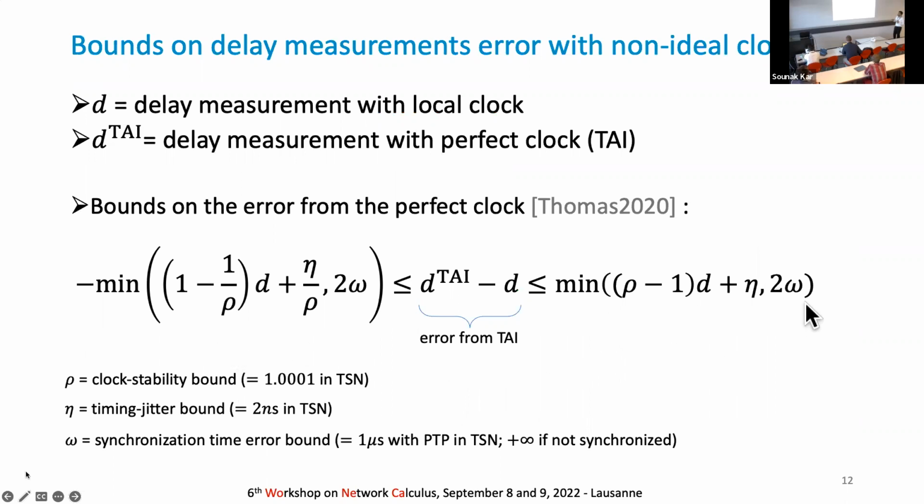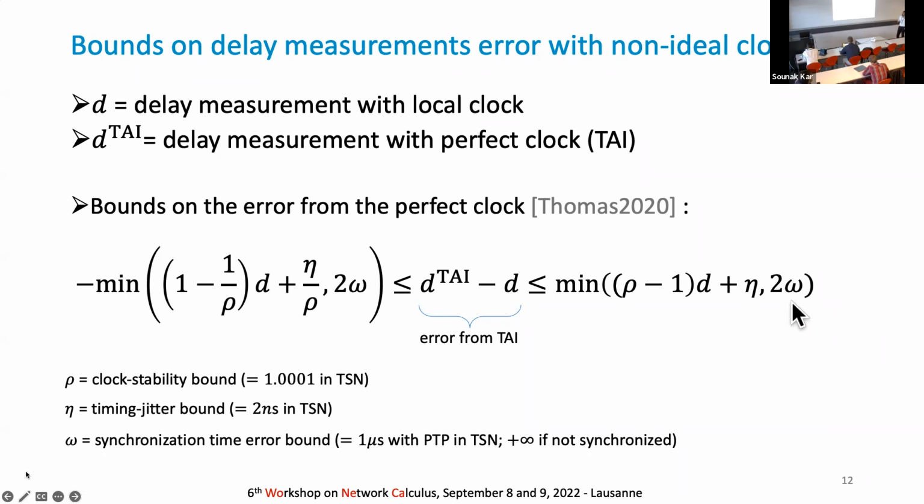There are three terms here that I need to explain. This is the clock stability bound rho, which is some value in the order of 10^-4 in TSN. Then there is this term eta here, which is 2 nanoseconds in TSN. And the term omega here is the clock synchronization error bound.